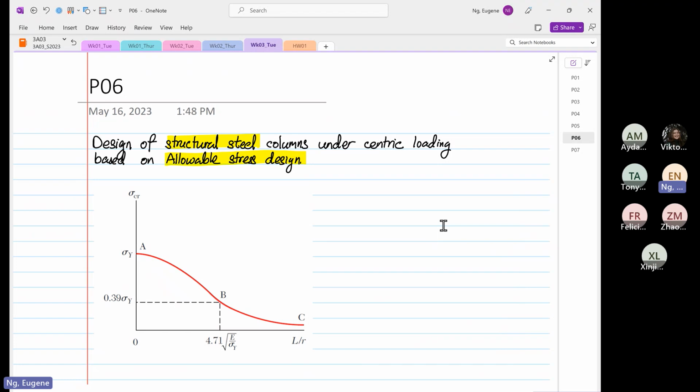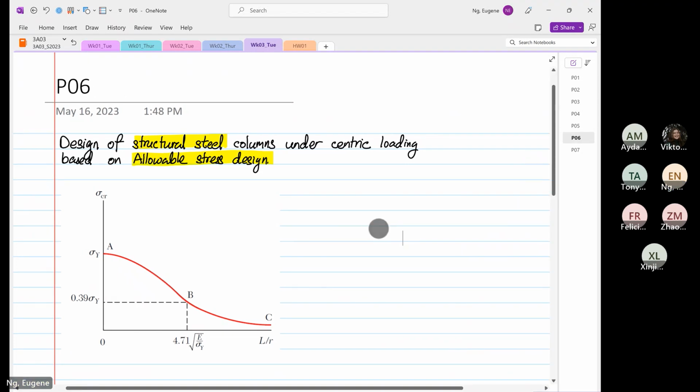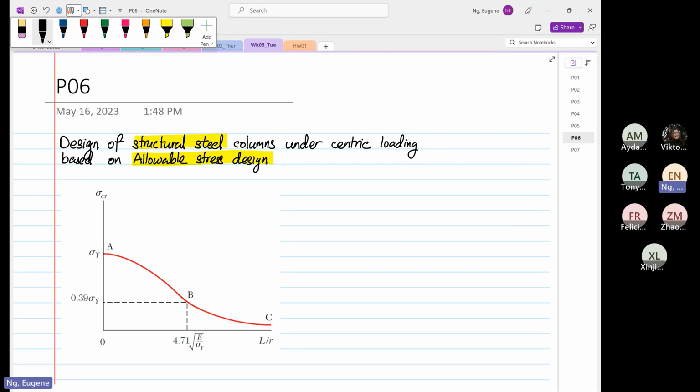And the criteria we are going to use, the design is based on what? Allowable stress design. Now, what is so critical? As you can see over here, this chart is very similar to what we have before, only this one is under centric loading.